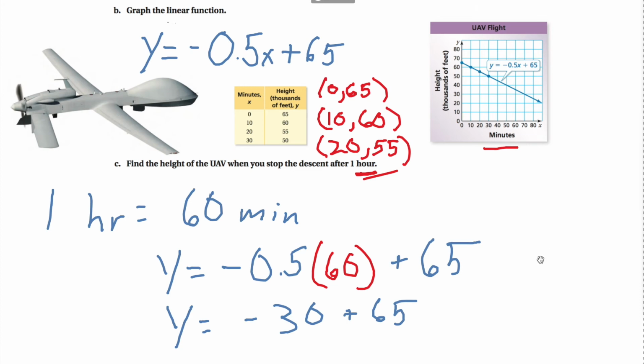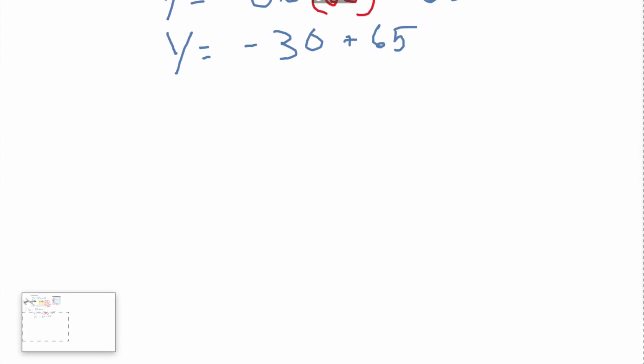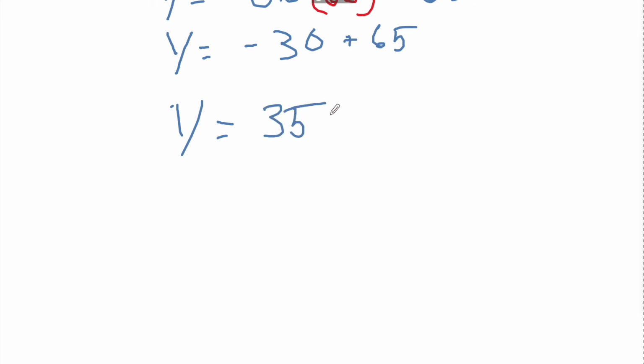Which is all going to be equal to, hang on, let me make some more room here. Y equals negative 30 plus 65 is positive 35. But positive 35, what does that mean?